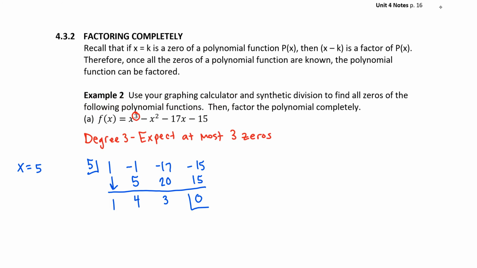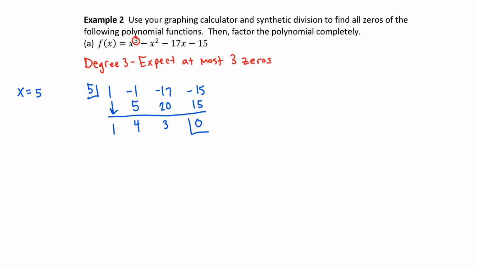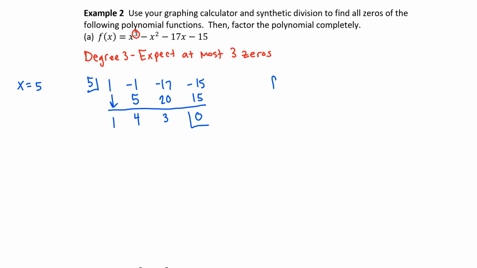Now, remember, if x equals k is a zero of the polynomial, then x minus k is a factor. So at this point, we can keep up with our factorization. Developing this factorization, we know that of our original polynomial, I'm just going to rewrite it over here, one of the factors is going to be x minus 5.